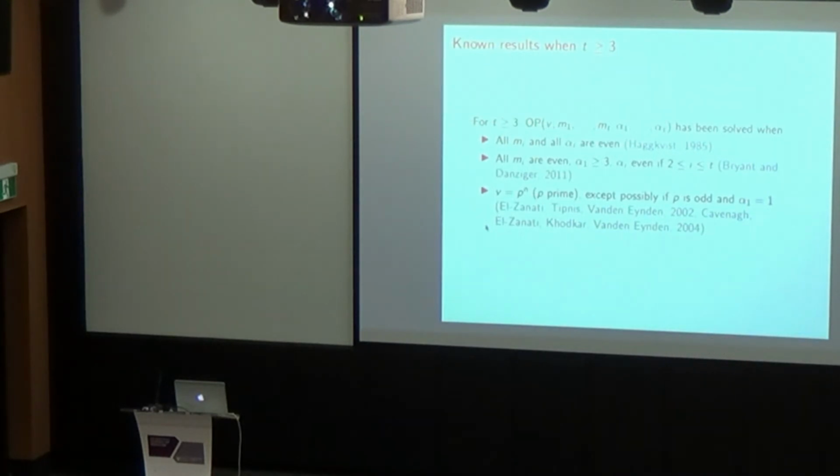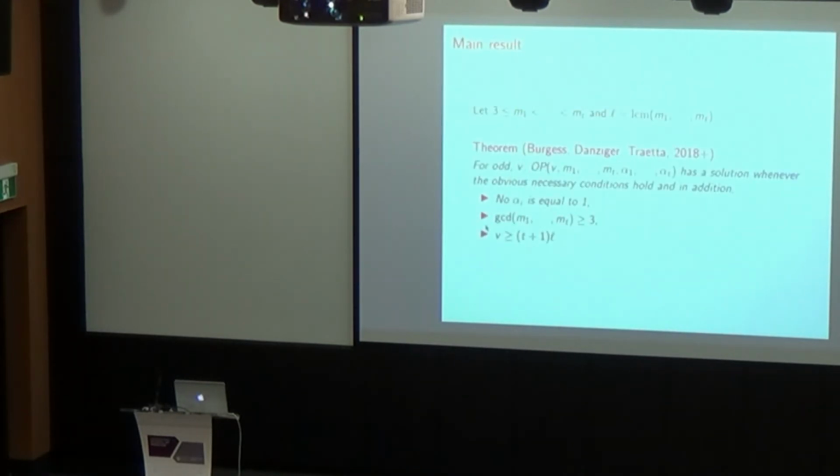The result of Bryant and Danziger also gives some cases where we allow one factor to appear an odd number of times. This has also been looked at if the number of vertices is a prime power, but beyond that, very little has been done.